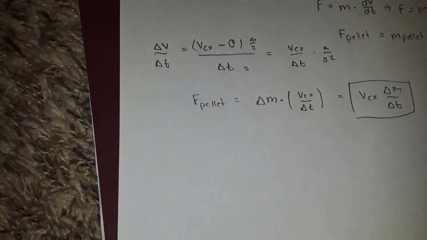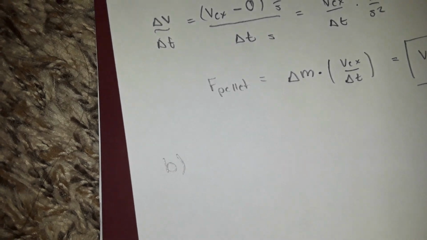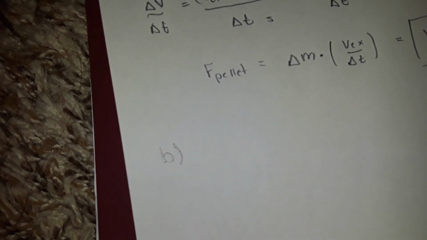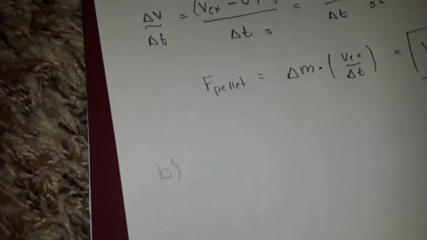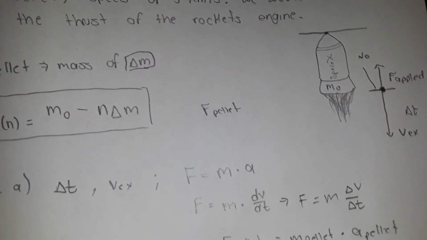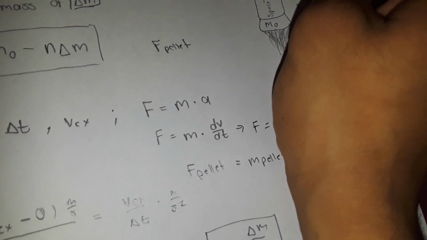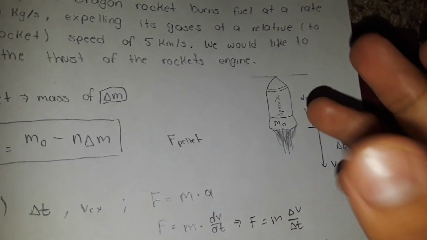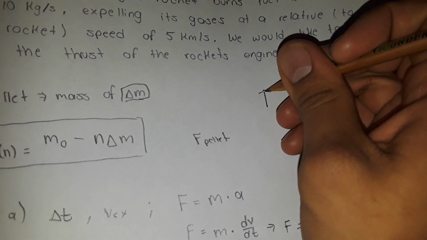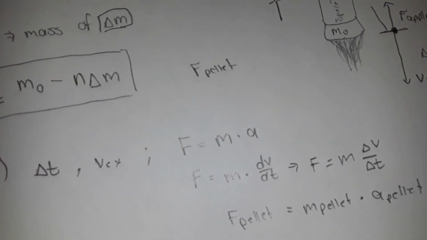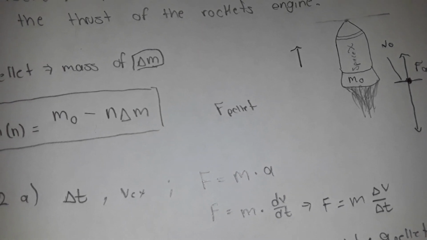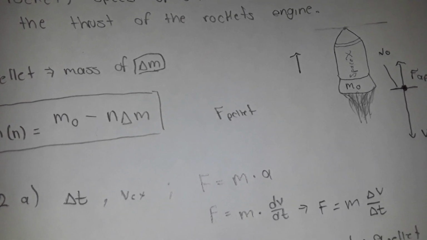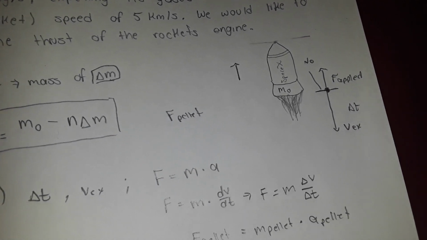Okay, so now we go on to part B. Part B: if the rocket is moving at Vex, oh, it's moving, I'm sorry. So that means that this is moving, so we get rid of the invisible wall. Then Vex is no longer the pellet's speed through space, but relative to the rocket.